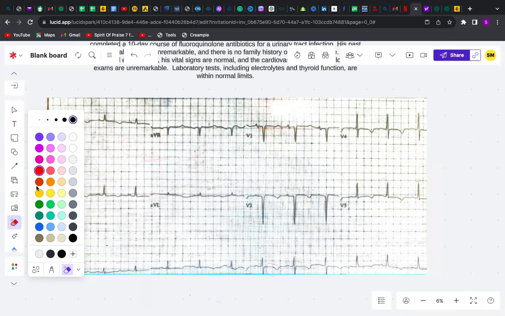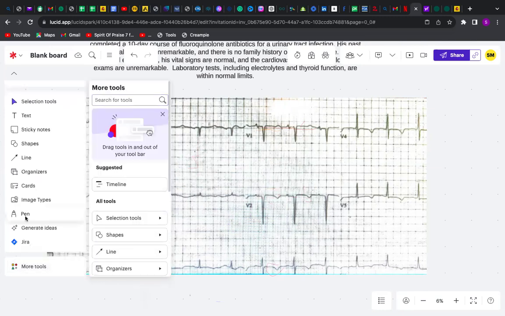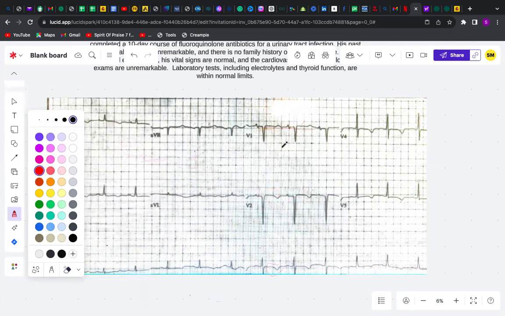The QT is prolonged, right? That is going to be part of our diagnosis. It could be that this patient was suffering from a long QT syndrome or QT prolongation. So we have to analyze it quickly.